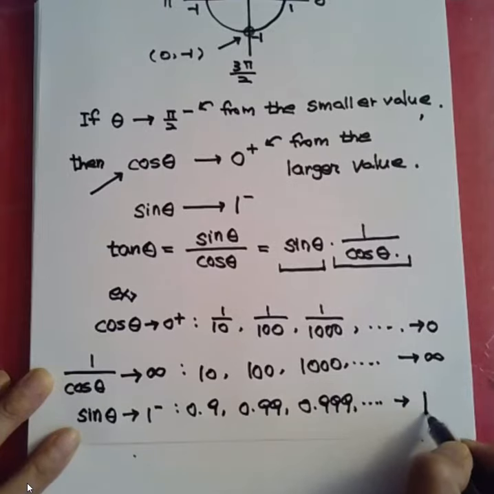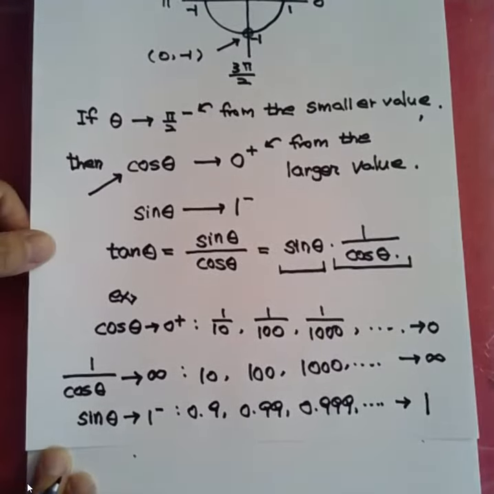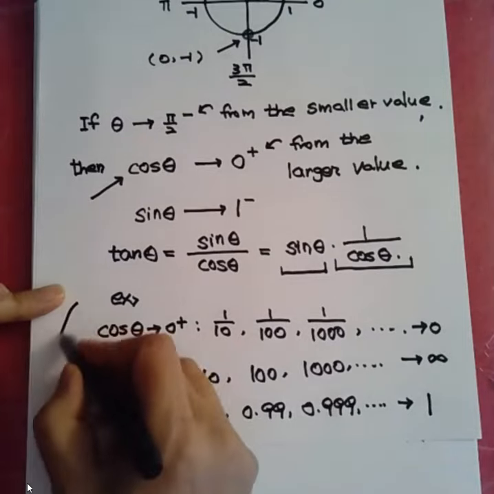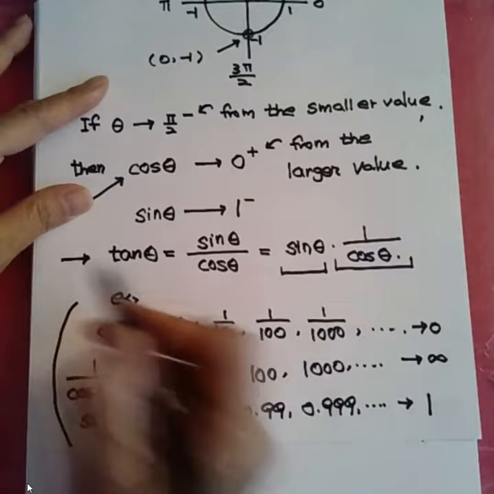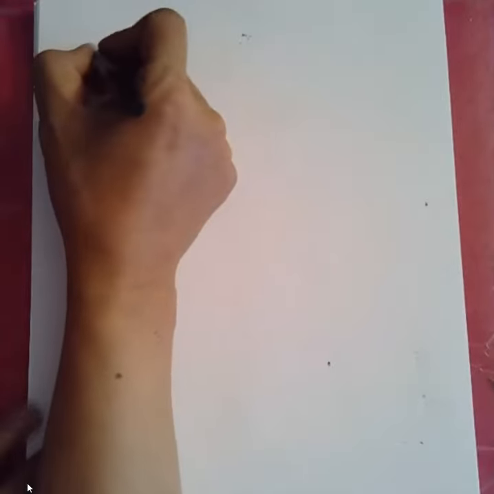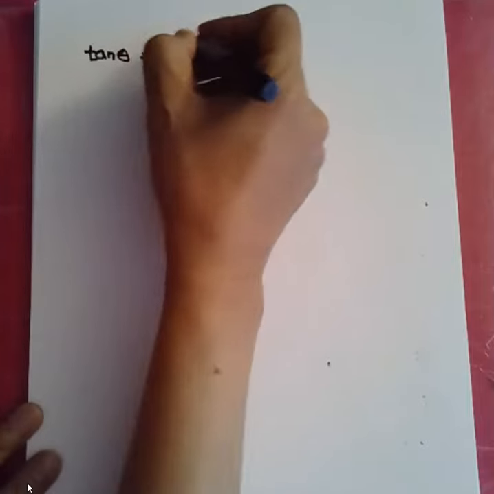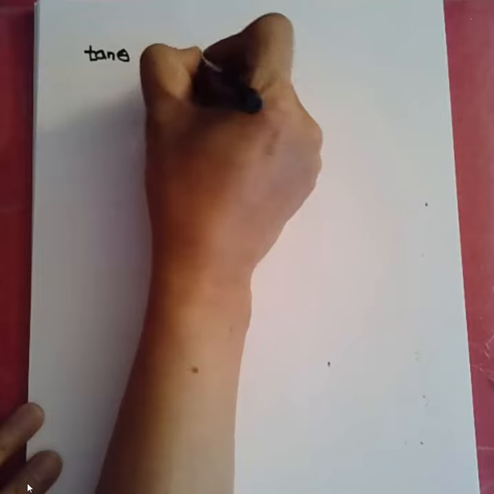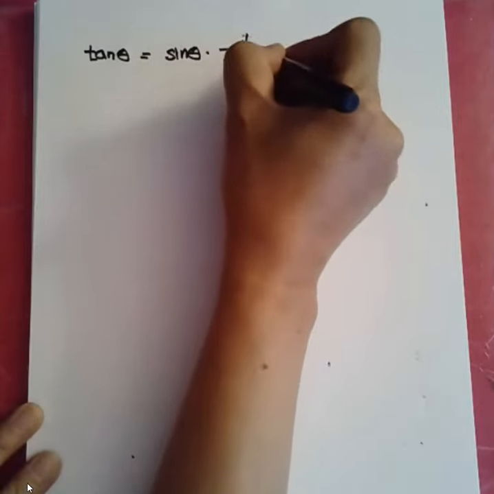It approaches 1. Let's combine all that information to think about the behavior of this tangent function. Let me write it down again. Tangent of theta could be written as sine of theta times 1 over cosine of theta.